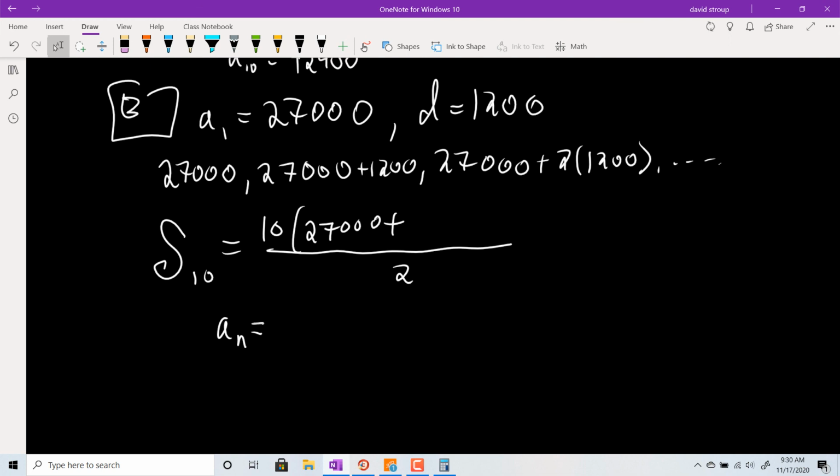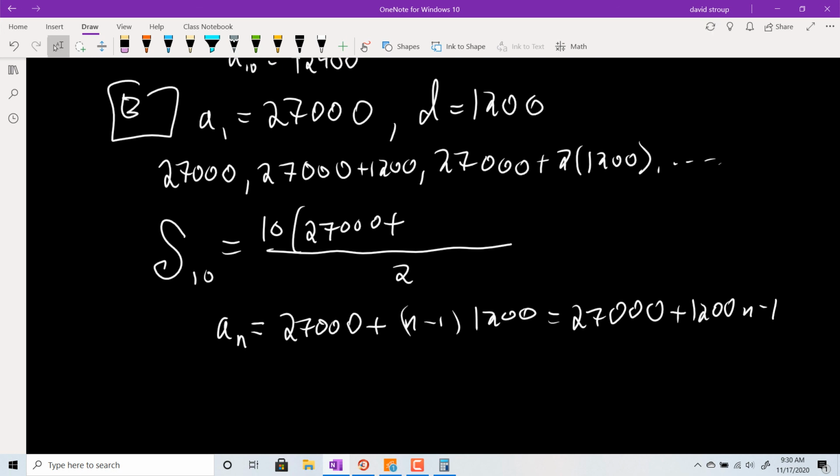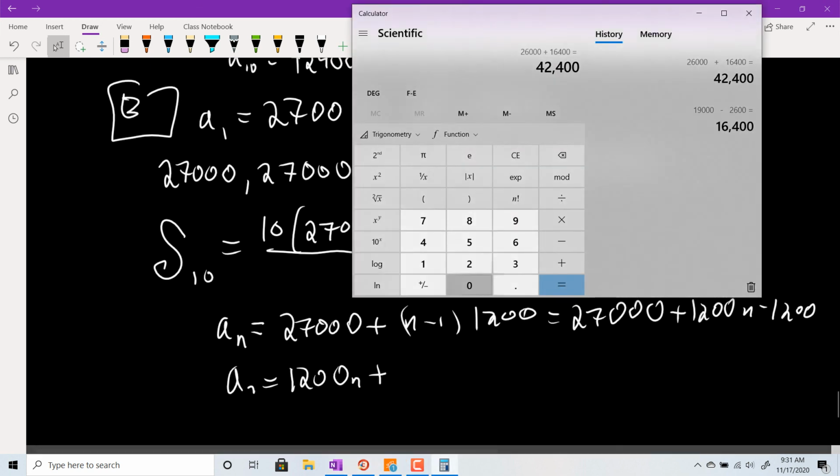If you need to figure out a sub 10, again, find the nth term formula. So a sub n equals 27,000 plus n minus 1 times 1,200. So that equals 27,000 plus 1,200n minus 1,200, which means a sub n equals 1,200n plus 27,000 minus 1,200.